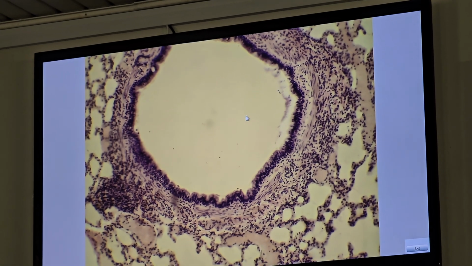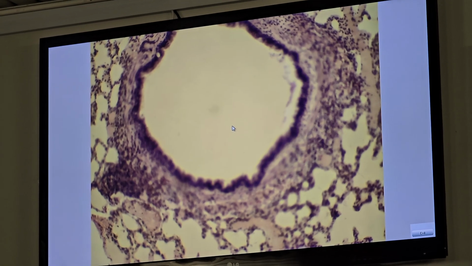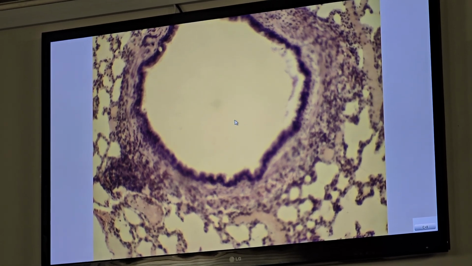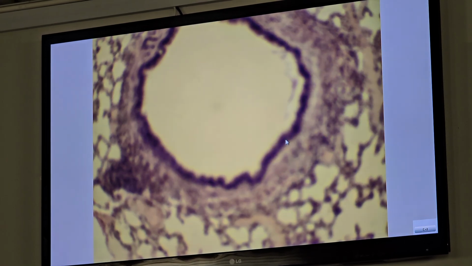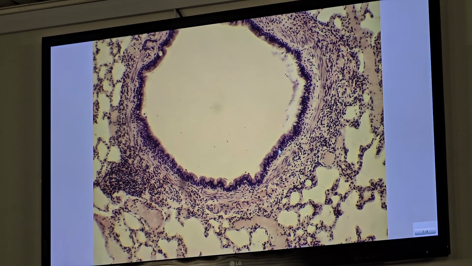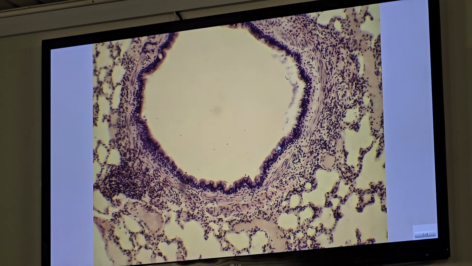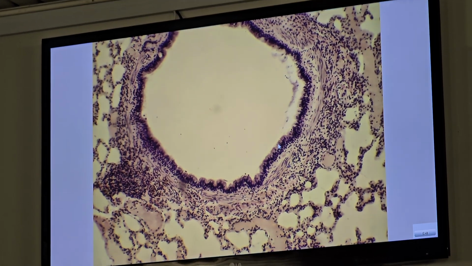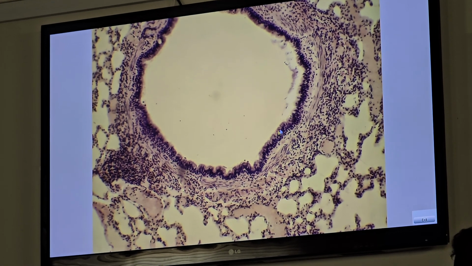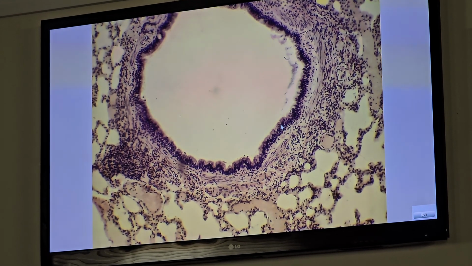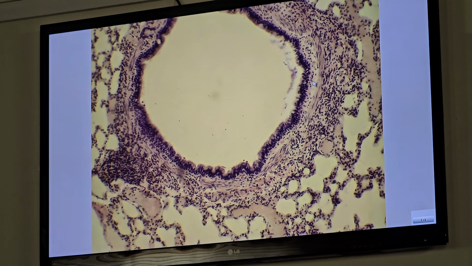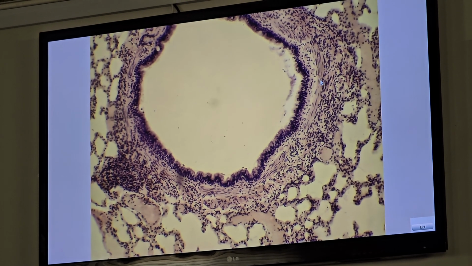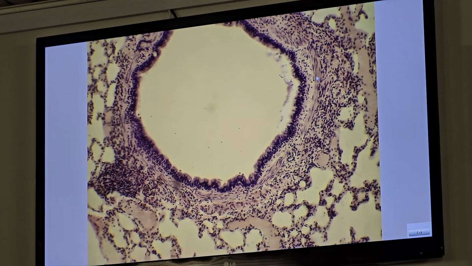This structure is called bronchiole. Large bronchiole with pseudostratified columnar epithelium. Bronchiole lacks cartilage and glands. Pseudostratified columnar epithelium beneath lamina propria with smooth muscle fibers.